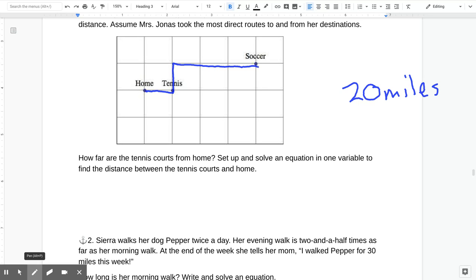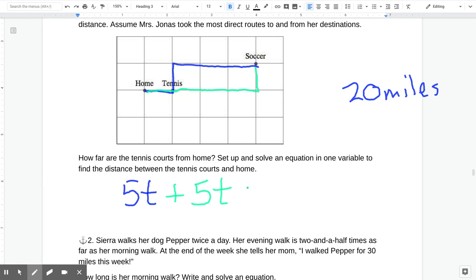The tennis courts from home are 1 unit of distance, and I'm going to call that T. So to get out to the soccer field, they have to go 1, 2, 3, 4, 5 T. And then to get home from the soccer field, they have to go 1, 2, 3, 4, 5 T.